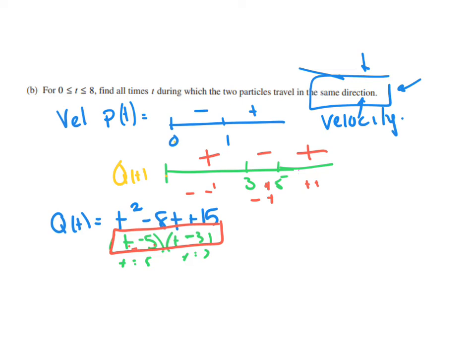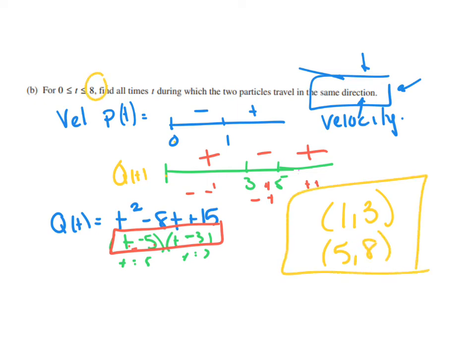I'm positive from 1 on, so I would say from 1 to 3, they're both positive, and then from 5 to, I believe it ends at 8, they are both positive. So again, I'm saying when the v of t of q and the v of t of p have the same signs.